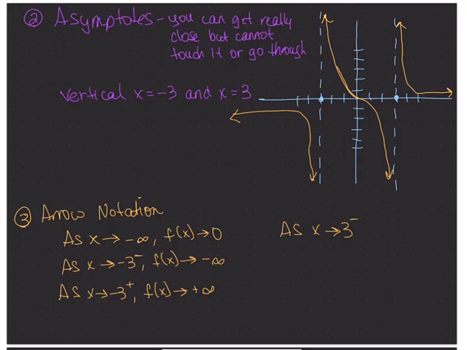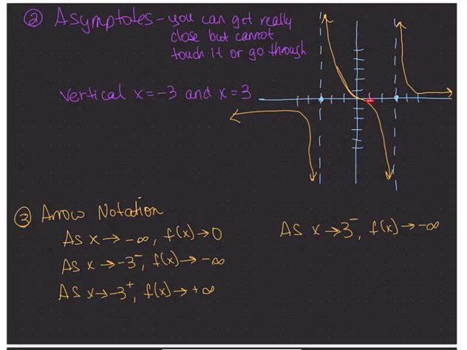Put a little negative up there. Okay, f of x, or our y value, where's our y value going to go? Well, as I'm going here, oh, look at it, it's going down to -infinity.